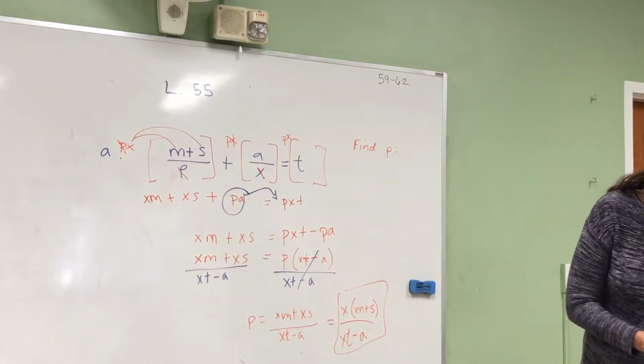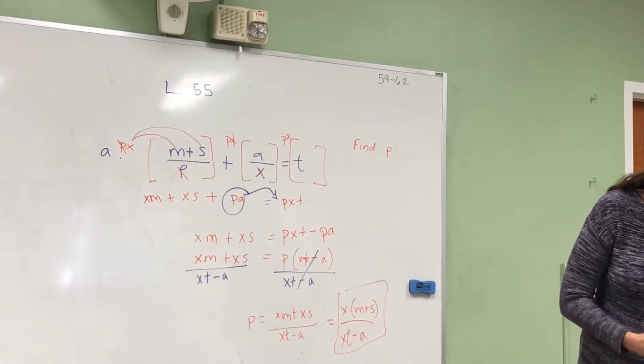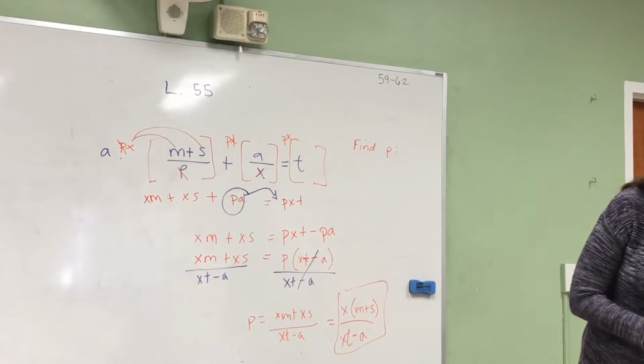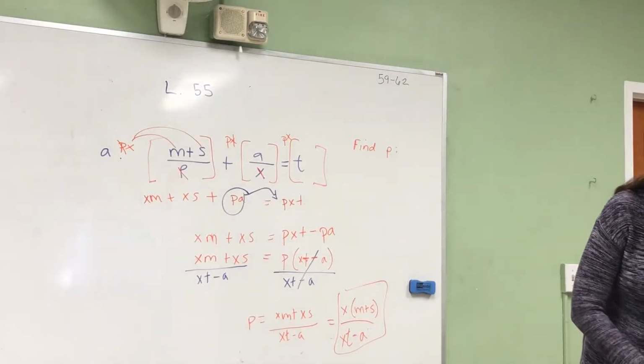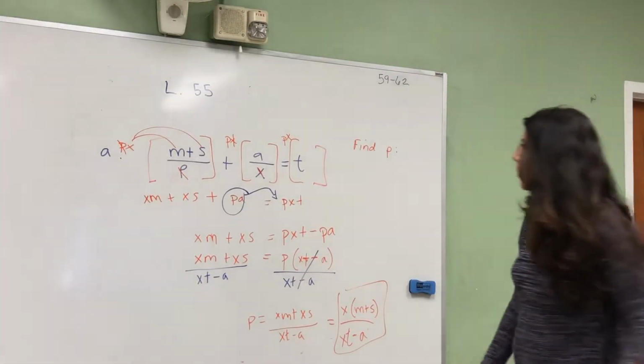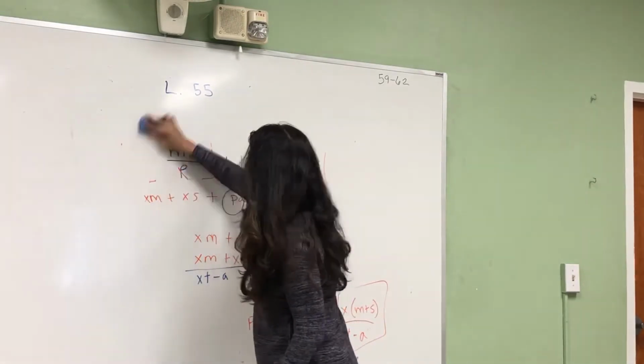Find 3 consecutive integers such that the product of the first and the third is 5 greater than 5 times the second. That sounds fun, right? So as always, we want to first define our terms.